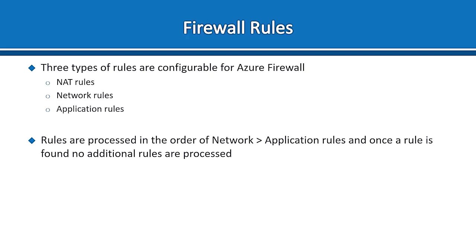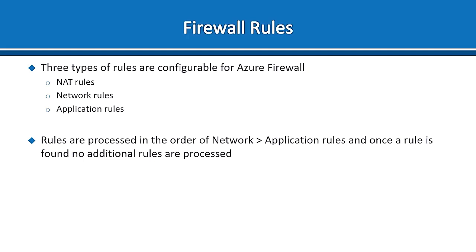The network rules are whether we're allowing or denying, and this has to do with non-HTTP or HTTPS traffic. Okay, so you're going to have to specify the protocols and the source and destination ports. And then you have application rules, and those are going to be the ones that would define FQDNs that can be accessed from a particular subnet.